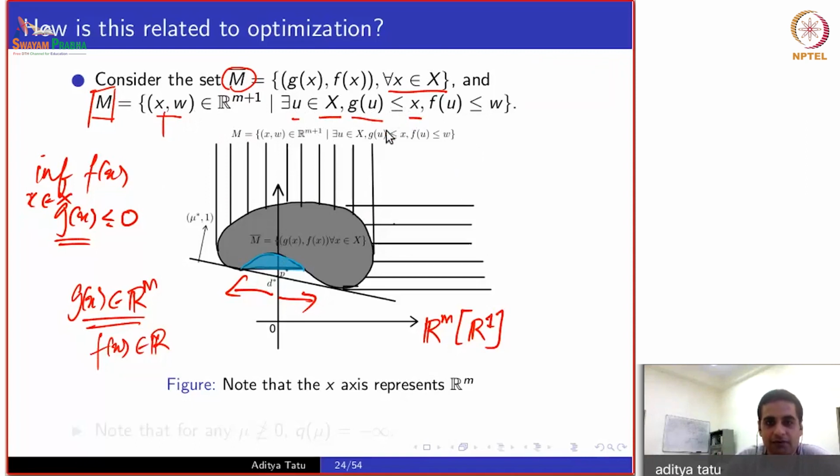And when I say one vector is less than or equal to another vector, what do I mean? This is entrywise. All m elements of this vector are less than or equal to all m elements of the right hand side.